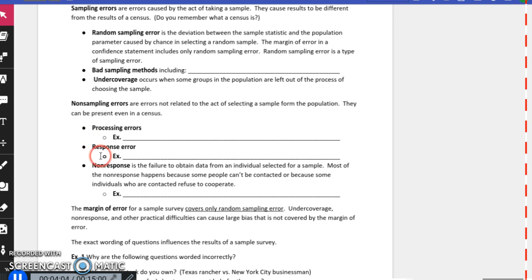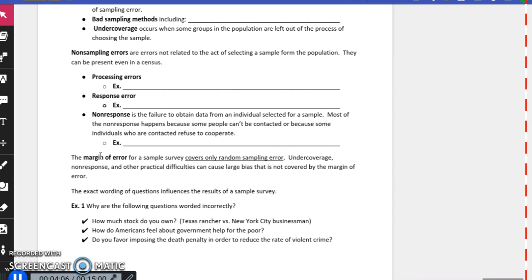So there's some kind of error in the response that you're getting. And then a non-response error is the failure to obtain data from an individual selected for a sample. So if you picked person number 95 to answer your question and you can't get them to answer your question for whatever reason, that is a non-response error.